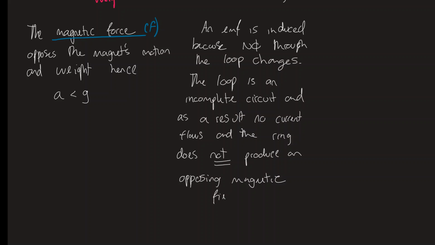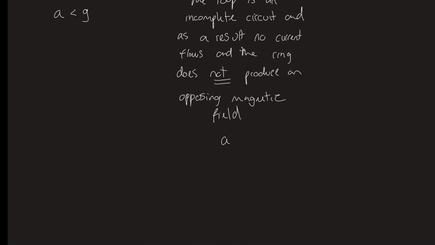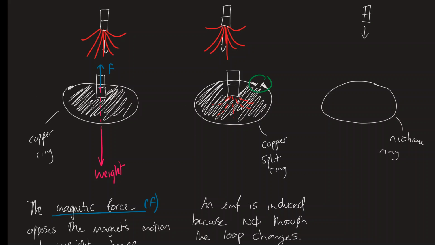So in this case, provided we're ignoring air resistance here, the acceleration is equal to g. The only force that this magnet experiences on its way down is its weight. Just put that in there, weight. There's nothing else slowing it down.